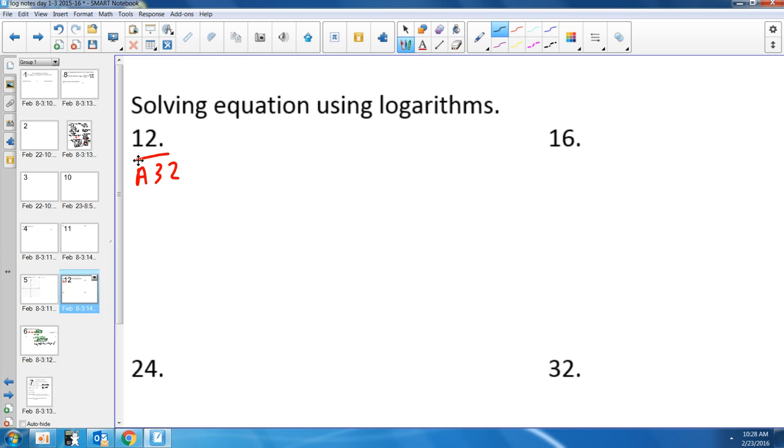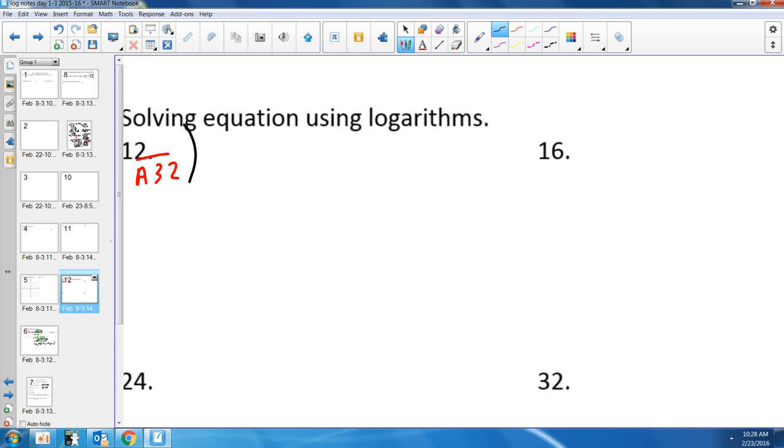And the first one is to solve for x, both using a calculator. 9 to the power of 7 minus 3x is equal to 5. And your question is, how do you solve for x? To solve for an exponent, you have to put it in log form, and that should help you solve it.